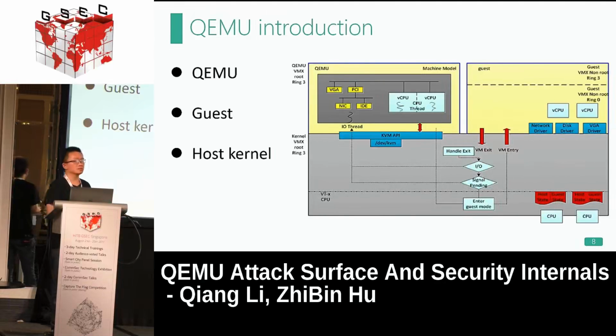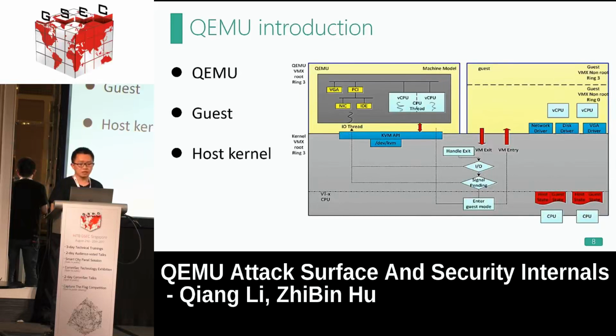It uses these interfaces to run the guest, letting the guest's code run natively on the CPU, which improves performance very much. When the guest executes a sensitive instruction, it jumps into KVM.